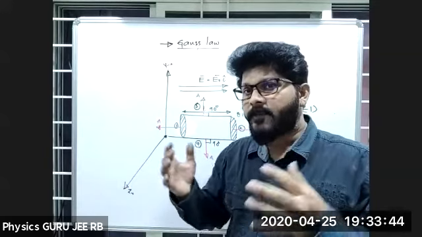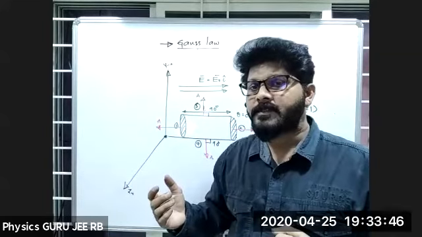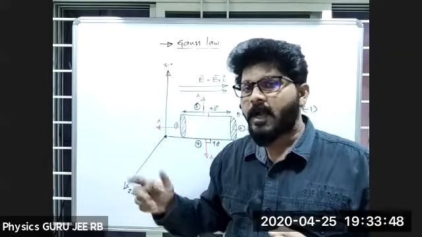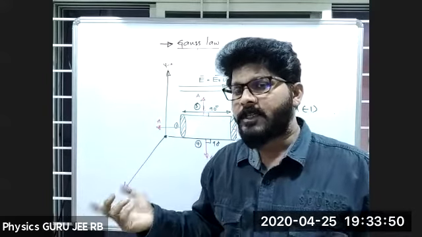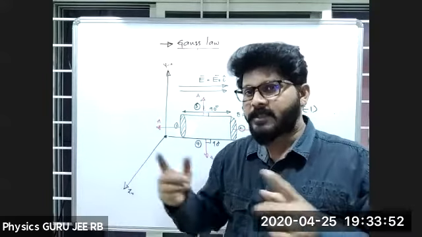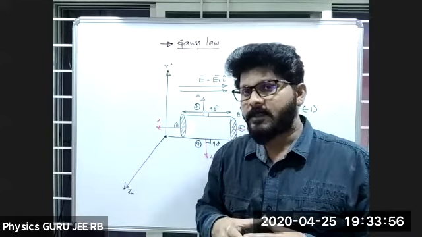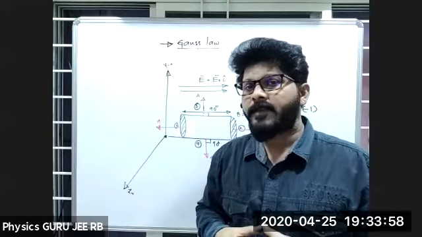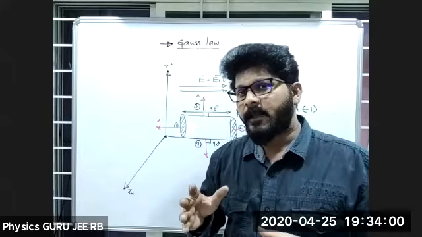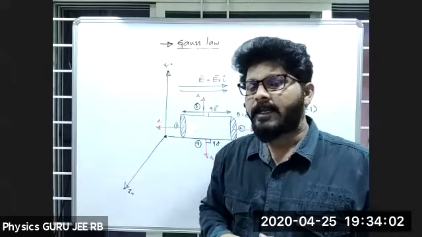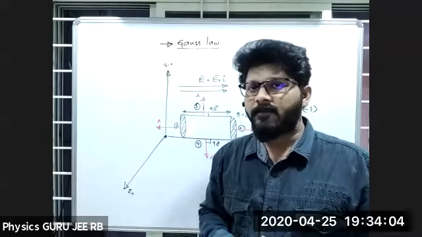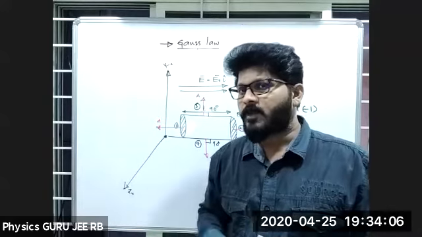Next, if you take a two-dimensional surface, how we can calculate the flux, and in which direction we have to take area as well as electric field. That is about two dimensions.